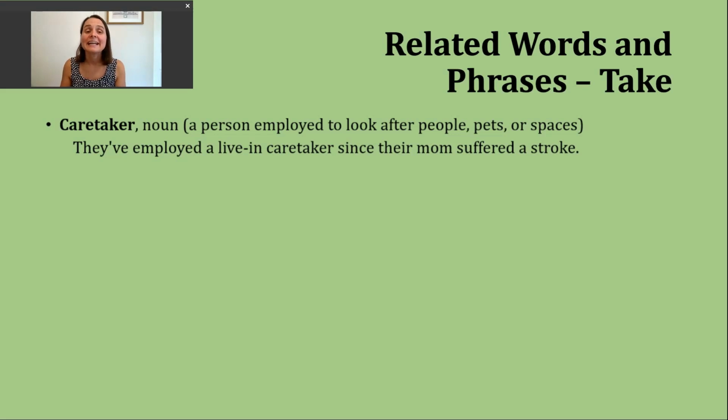They've employed a live-in caretaker since their mom suffered a stroke. So what this sentence is suggesting, they've asked a person to come work and provide care for someone who maybe has difficulty moving or difficulty speaking, difficulty taking care of themselves after this medical event of a stroke. And the person lives in their home.